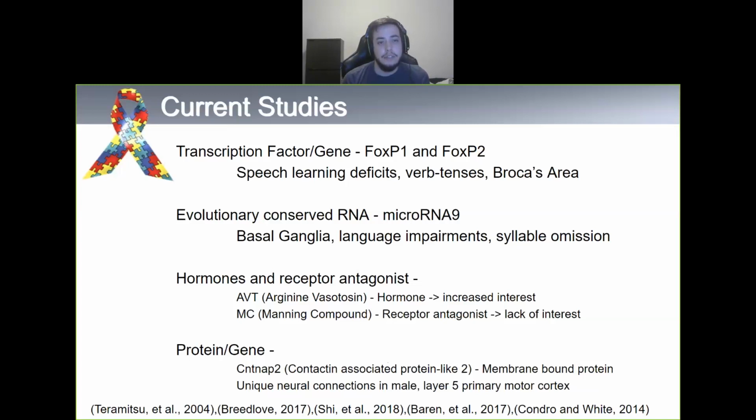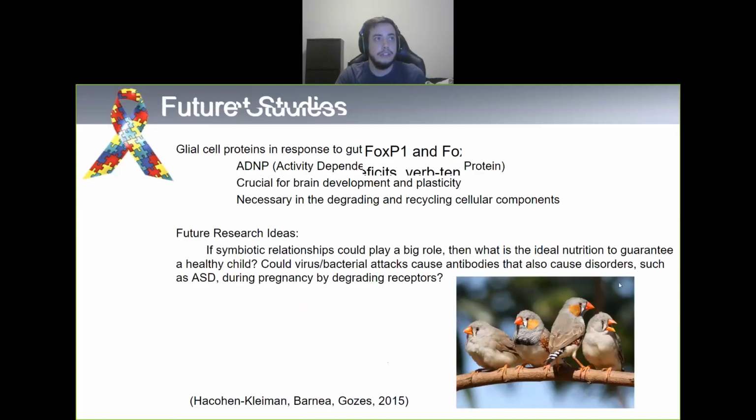Because of this protein, males experience unique neural connections not found in humans when it comes to speech production. So further testing is required to see how this necessarily relates to humans, but it could pose some interesting connections.